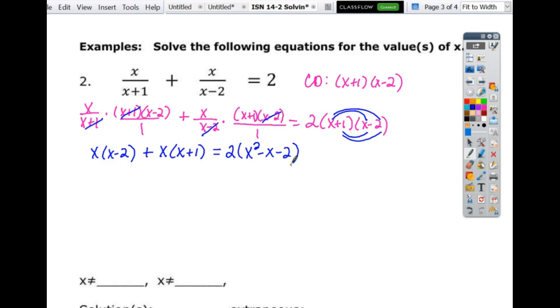So we're going to multiply through by x, so I'm going to get x squared minus 2x plus x squared plus x. And I'm going to distribute the 2. So before we do that, I want to go ahead and combine like terms on this side. So I get 2x squared minus x.